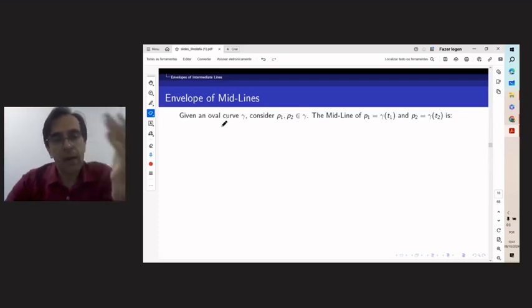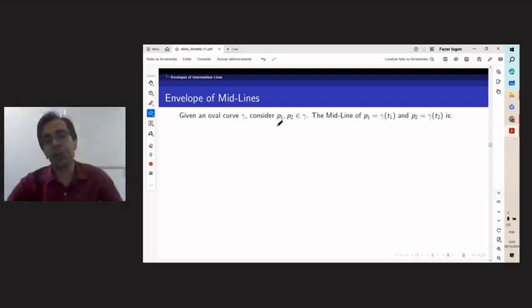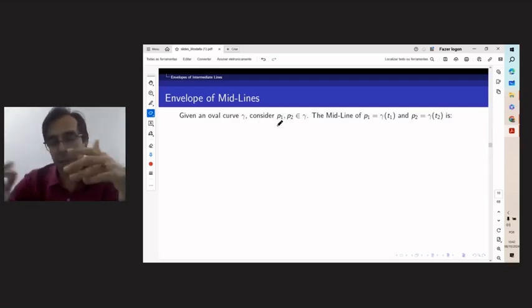Consider gamma a closed curve. We consider two points P1 and P2 on this curve. For the midline of these two points, there are three possibilities.